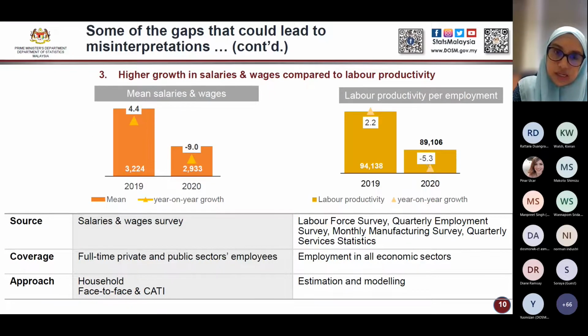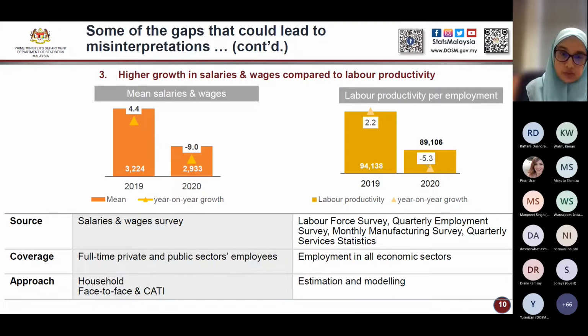Right, here, these are the statistics of salaries and wages and labor productivity per employment. We know that issues have been raised at a global level and at most regional levels about the imbalance or disequilibrium between wages and productivity, whereby most countries quoted higher labor productivity as against the growth in salaries and wages.